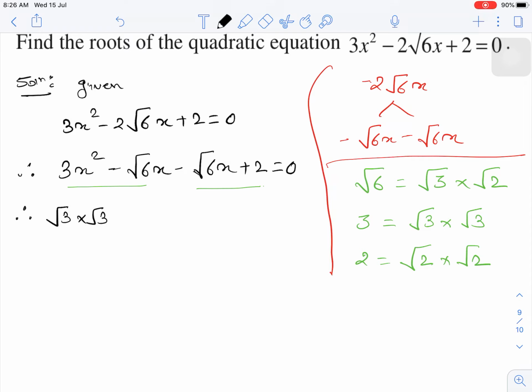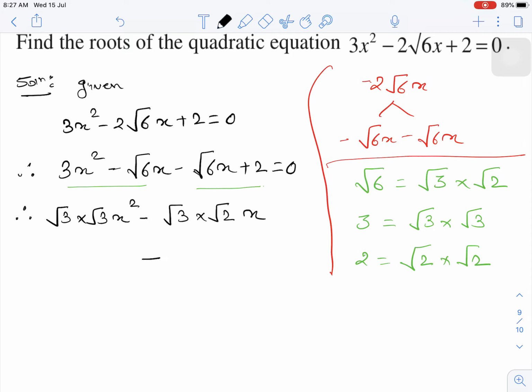So we have √3 into √3 x² minus, instead of this √6x we are going to write √3 into √2 x. Now here place is not there, so I am continuing it here.